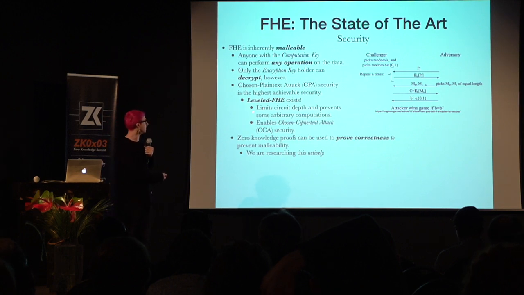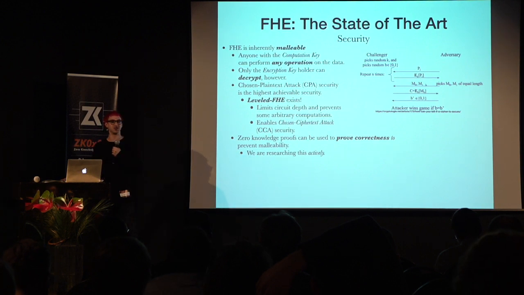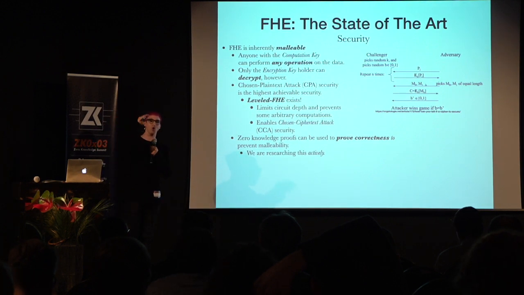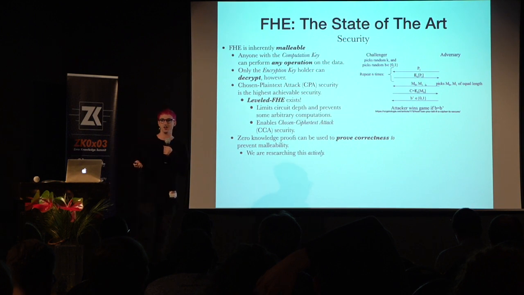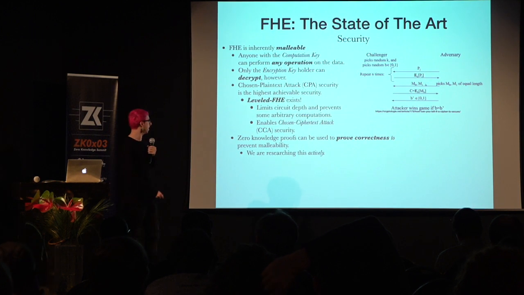Essentially it limits circuit depth and prevents some arbitrary computations, but you're essentially saying, I will only ever do this circuit of this depth, and no more computations other than that. And we can form CCA secure protocols and schemes from that.